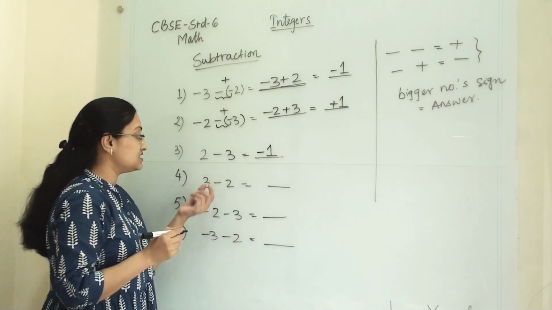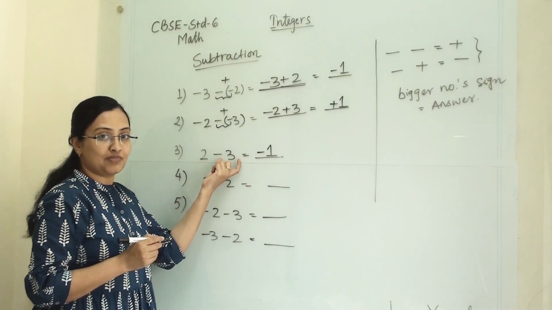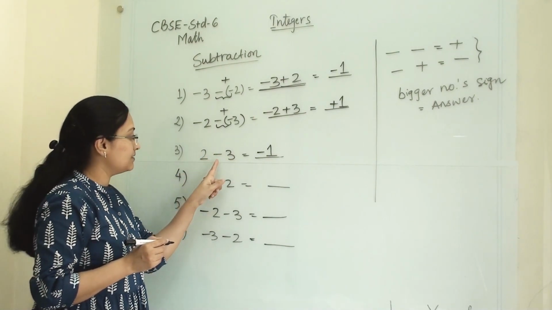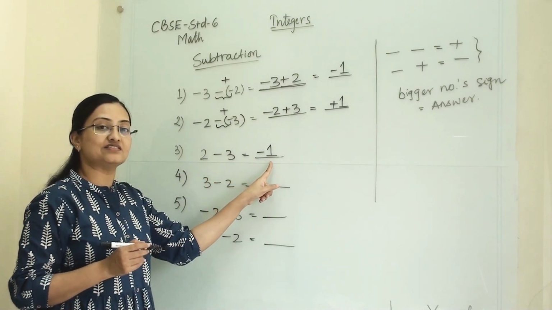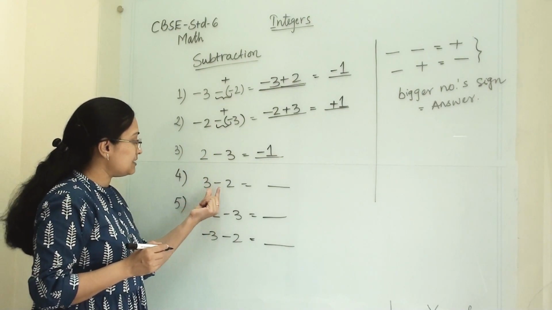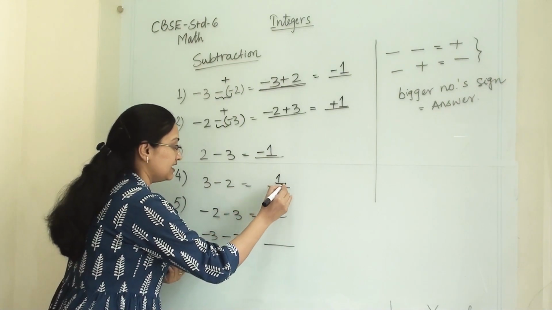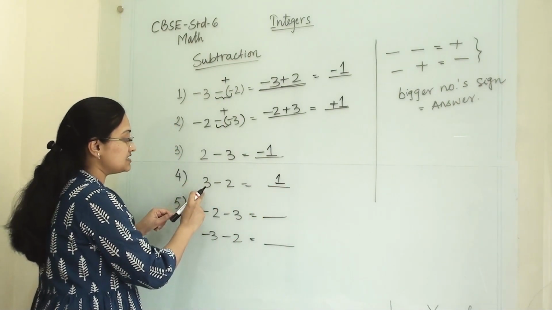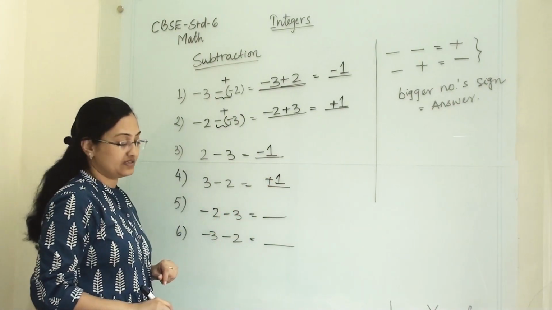So yes, this is the operational sign, but this is after minus. So we will assume that this minus sign is applicable to this also. So that's why the answer will be minus 1. Here 3 minus 2. So here the answer is 1 and the bigger number is carrying positive sign, so our answer is plus 1.